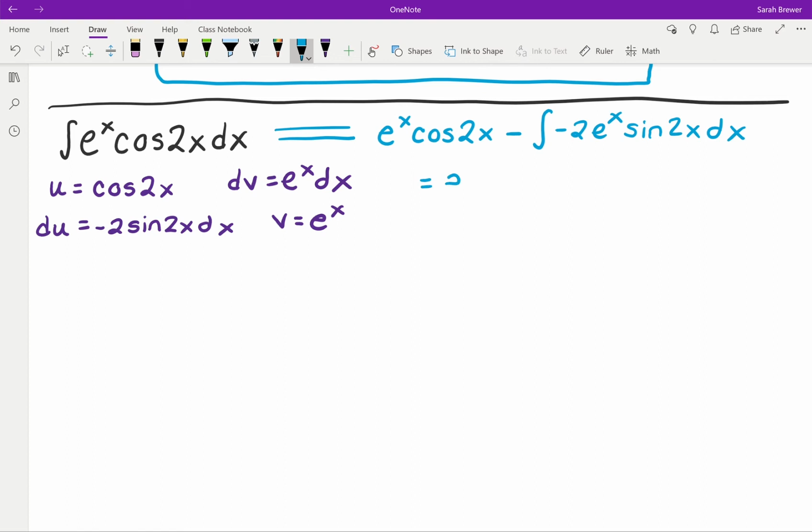So I have e to the x cosine 2x plus the integral of 2e to the x sine of 2x dx. Now, it may not look like we really accomplished very much here.